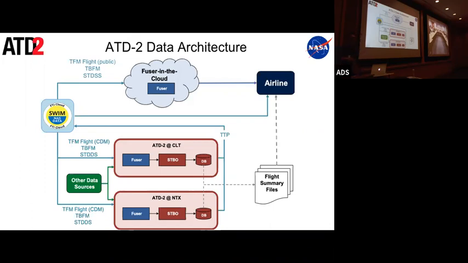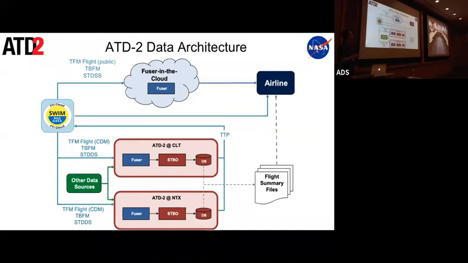And then similarly, once we've created this fuser technology, we don't want to be the only ones that have access to it. We are trying to open source the fuser technology and give it away to the community. The other thing we've done is create what's called Fuser in the Cloud.